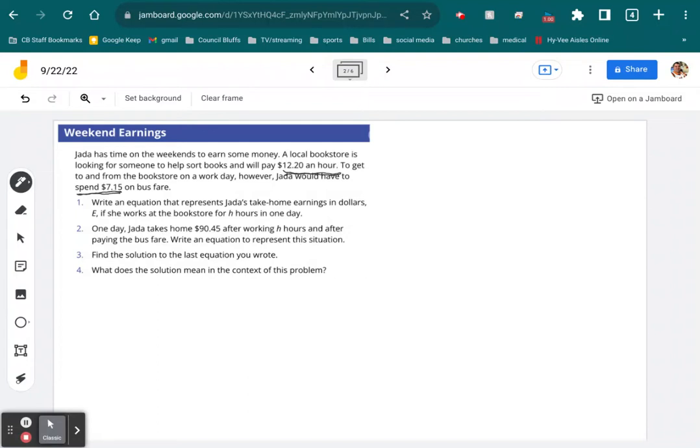So in this case, to write an equation, for number one, write an equation that represents Jada's take-home earnings in dollars, E, if she works at the bookstore for 8 hours in one day. So to answer that question, it would be $12.20, $12.20 being her hourly rate.